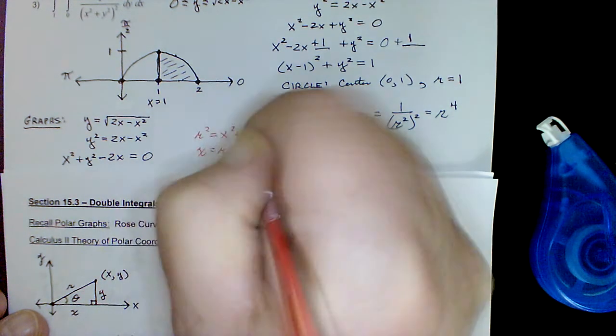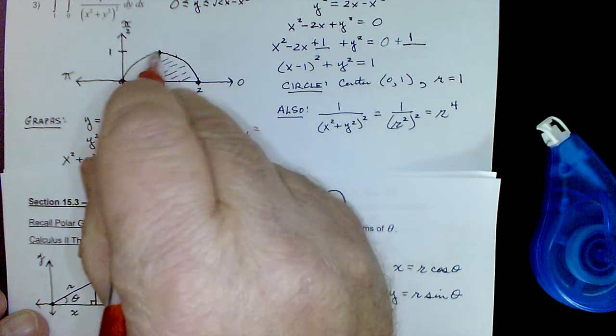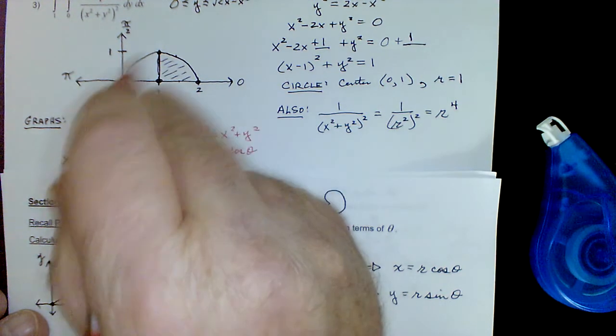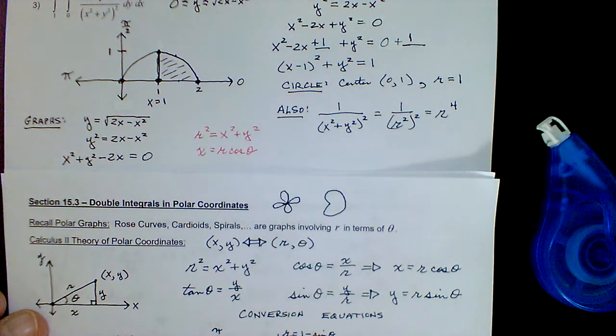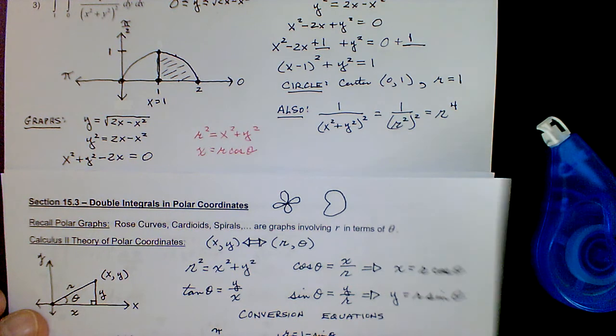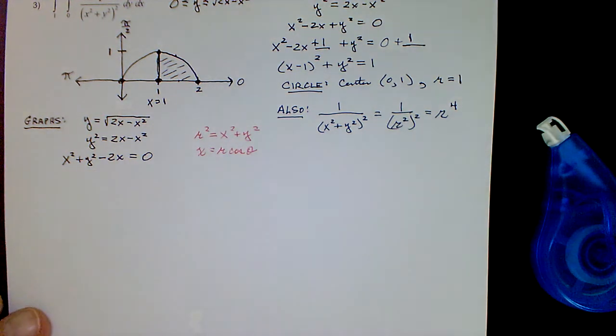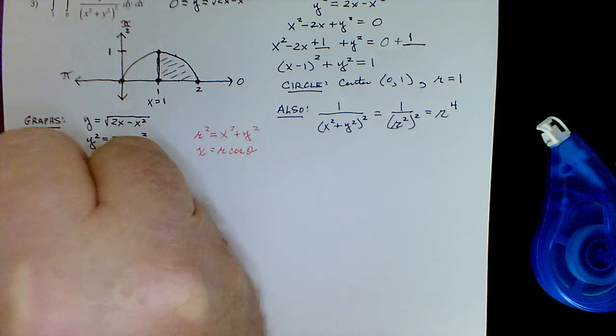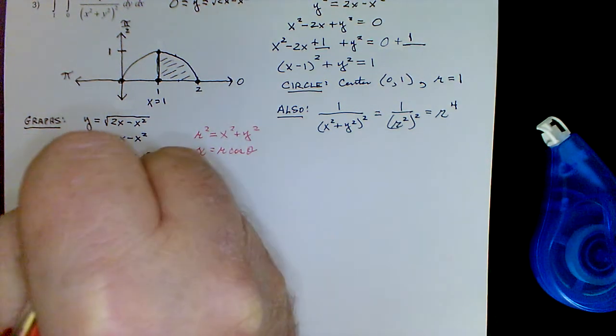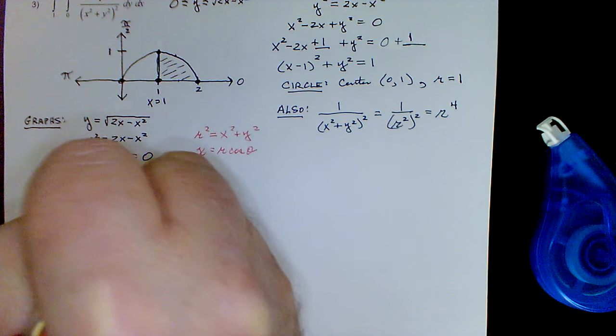So what we're trying to do is find out what this curve is in terms of r and theta. So using those substitutions, we get that this is r squared, and this is r cosine theta.